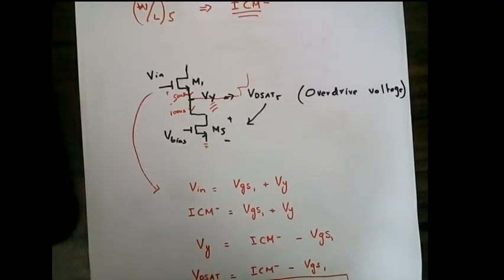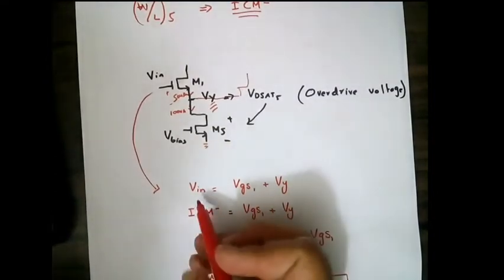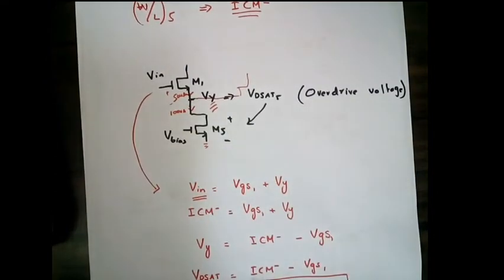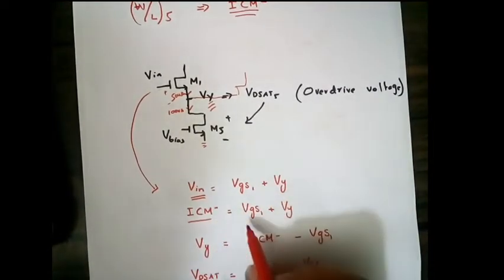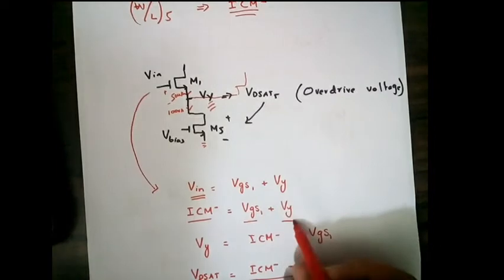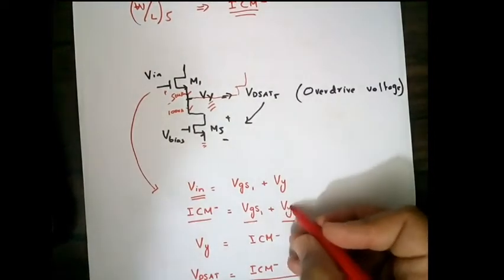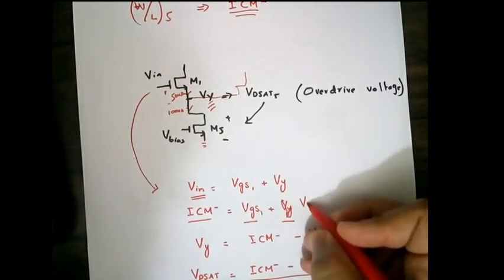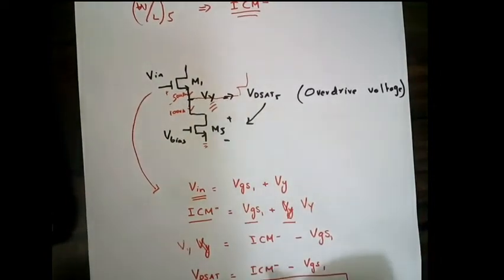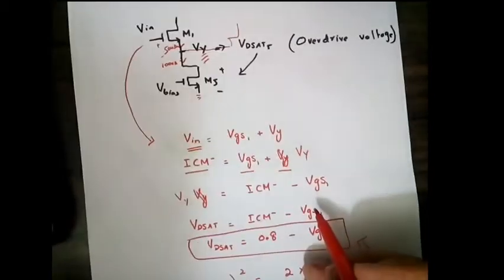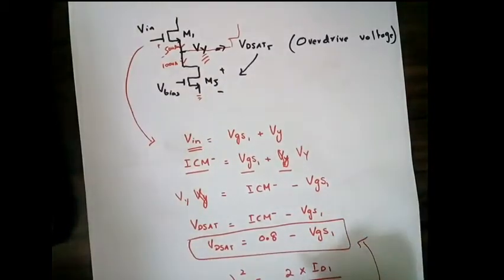So from Vin we should pick the minimum value, which is equal to ICM negative. So we'll use ICM negative equal to VGS1 plus Vy. Let's write the capital Vy, which is the VDsat for M5, equal to ICM negative minus VGS1. ICM negative is known to us, provided by the design specification, as 0.8 volts, minus VGS1.